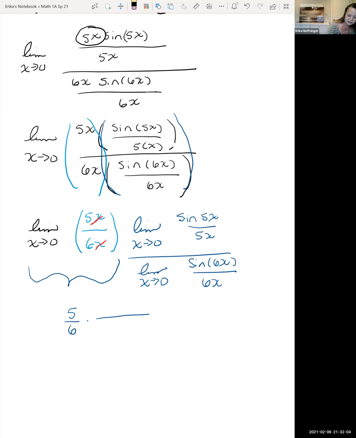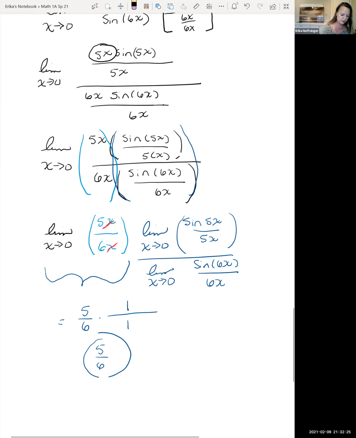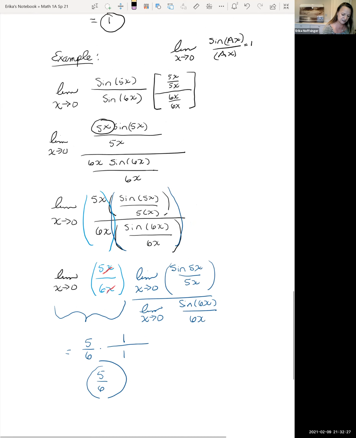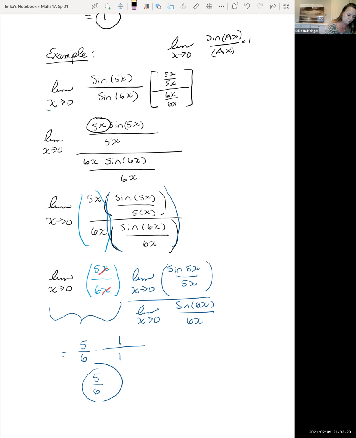The limit of the numerator, sine of 5x over 5x, is 1, and the limit of the denominator, sine of 6x over 6x, is also 1. So we find that the limit as x approaches 0 of sine of 5x over sine of 6x is equal to 5/6.